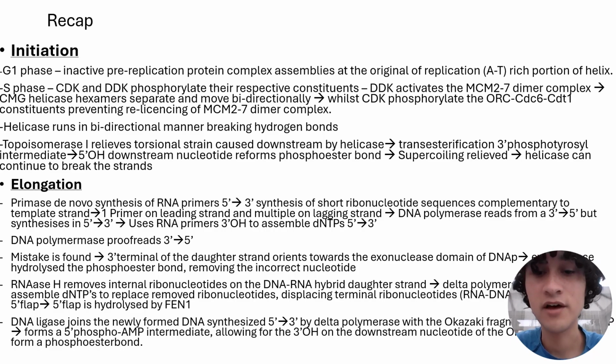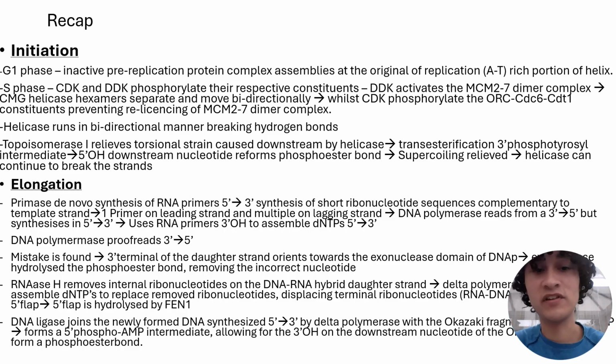They're those adenine-thymine rich areas that are less thermodynamically stable because of the hydrogen bonding. Okay, and this ORC binding to these areas allows for the recruitment of the CDC6 and CDT1 constituents respectively, and they act as a loading platform for our MCM2-7 dimer complex, which is just our 2 hexameric helicases in inactive form loaded back to back.